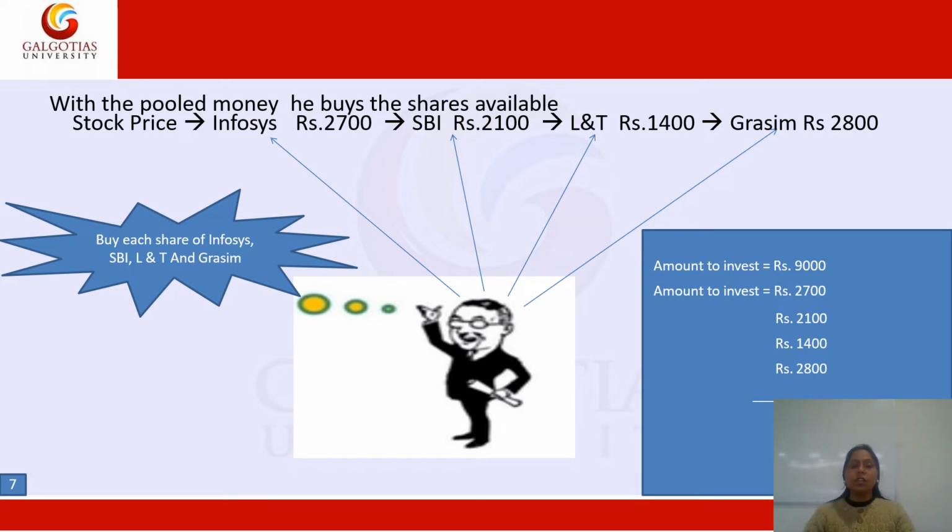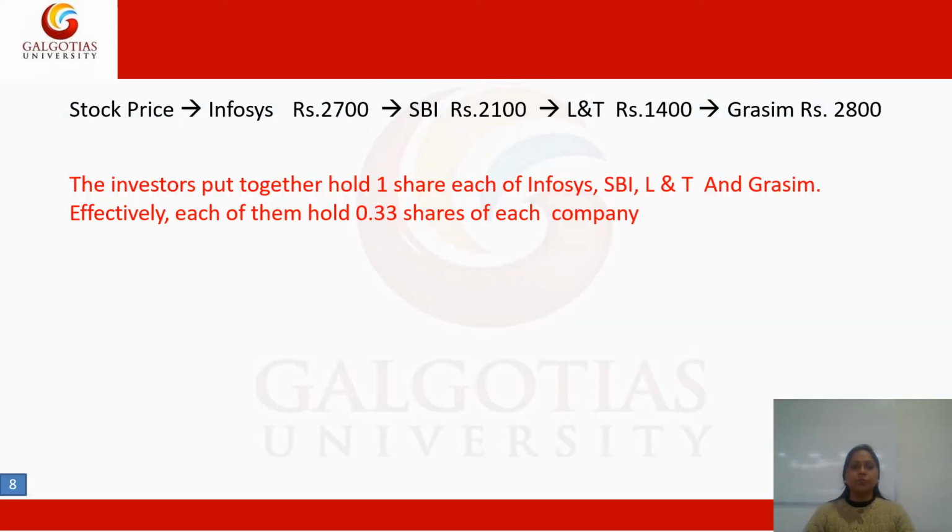The available investments, as given in this example, are Infosys, SBI, L&T, and Gracias. Now, further, the investors put together hold one share each of Infosys, SBI, L&T, Gracias. So this is what I just discussed. What does it denote? Concretely, effectively each of them holds 0.33 shares of each company. How?